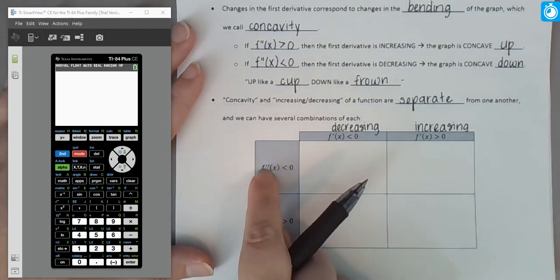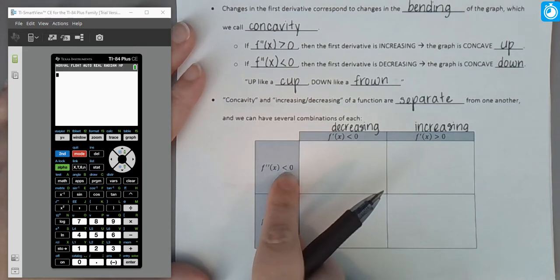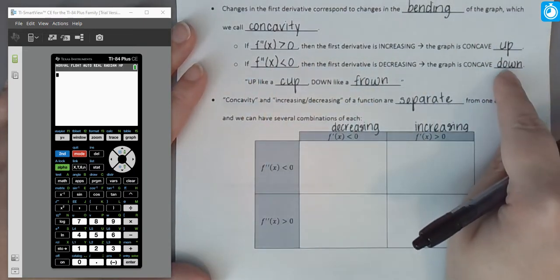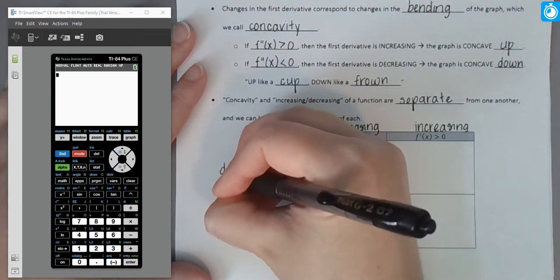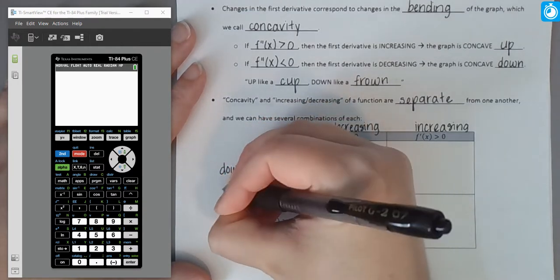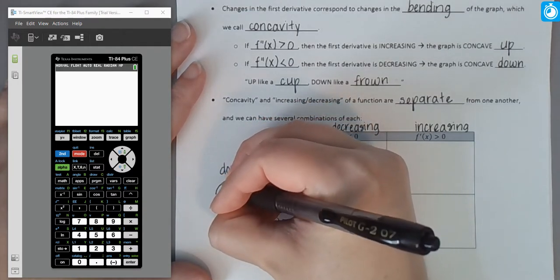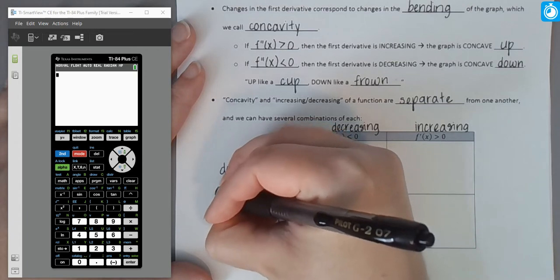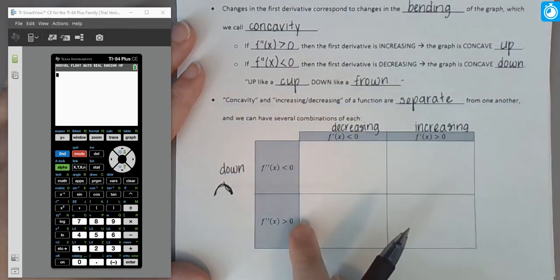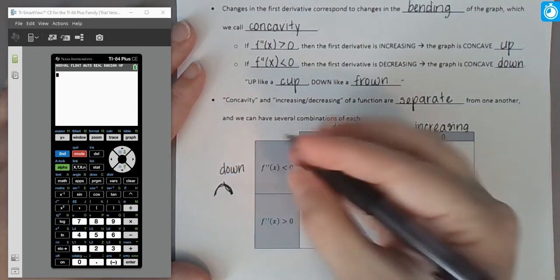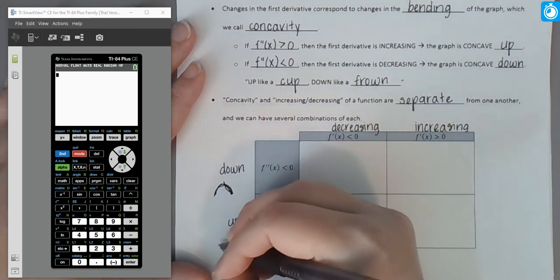Now, if the second derivative is negative, that tells us that we are concave down. Down like a frown, and I'm about to draw it the wrong way. Concave down. There we go. We've got something shaped like that. Anytime the second derivative is positive, we are concave up, up like a cup.